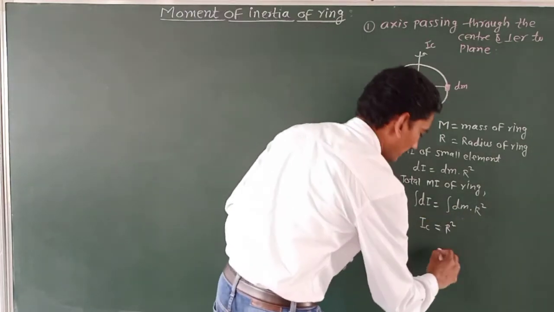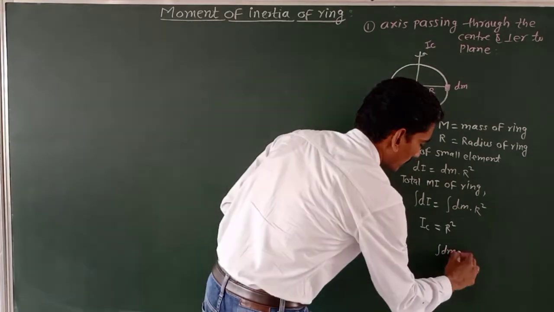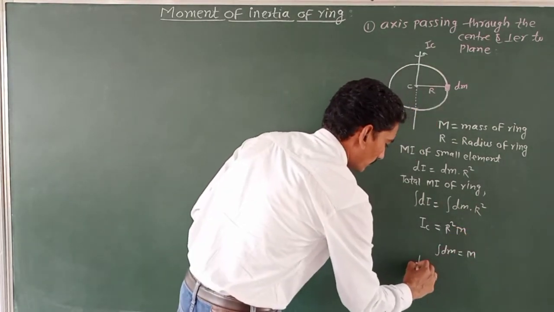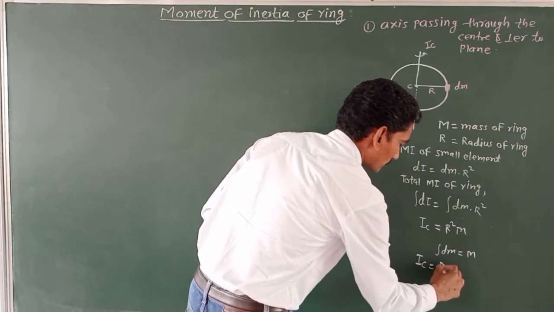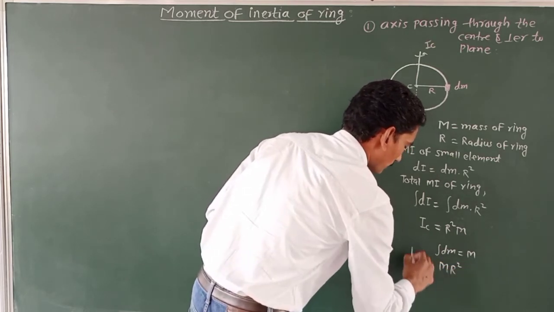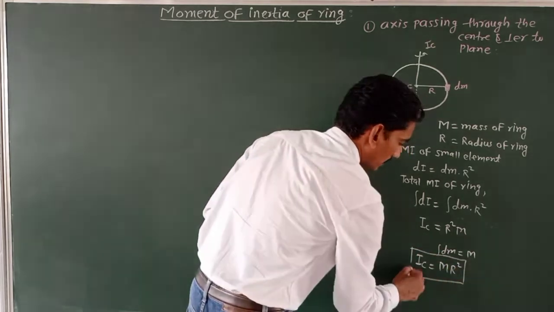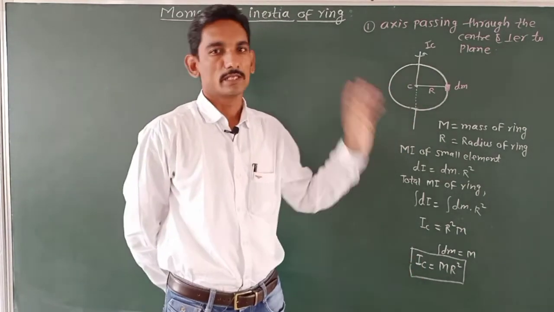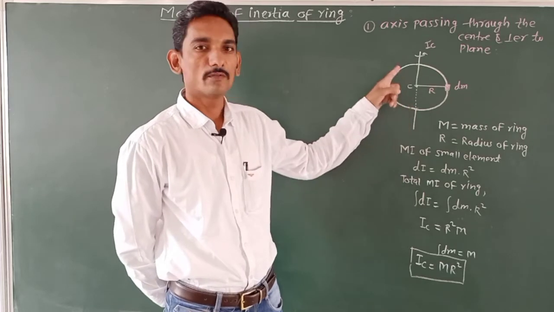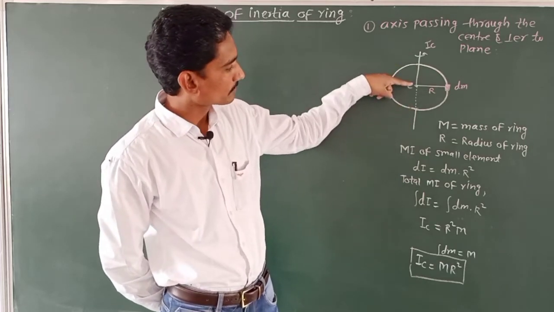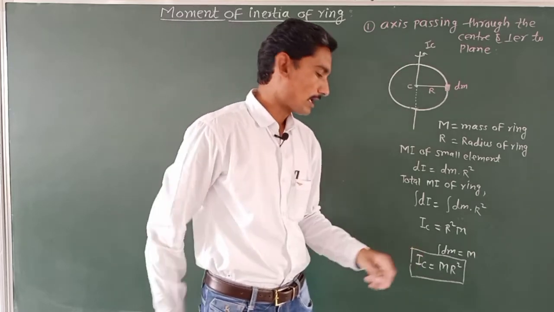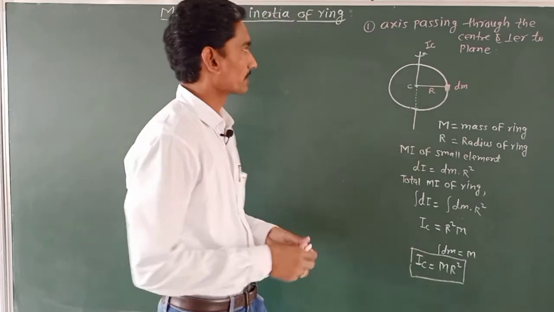So in place of integration of dm we write capital M, and we have the relation: moment of inertia equals M r square. So the moment of inertia of a ring about an axis passing through the center and perpendicular to the plane is given by I_C equals M r square.